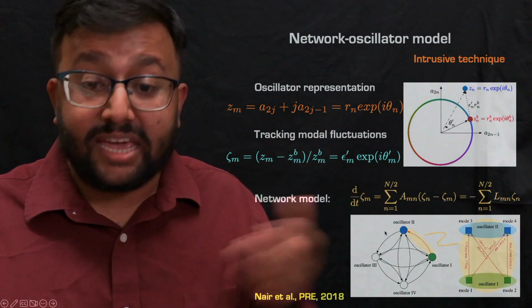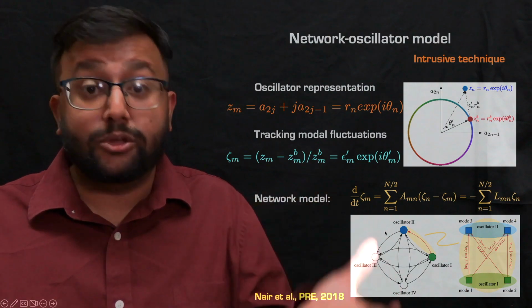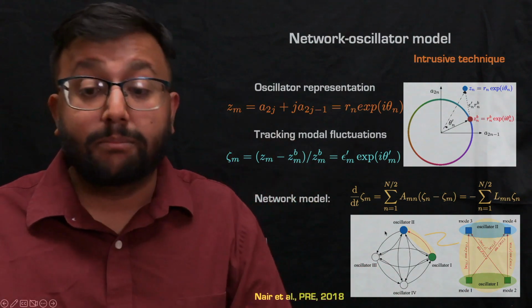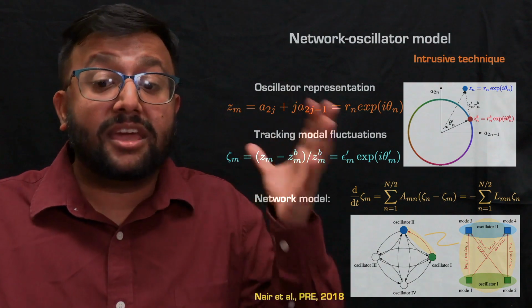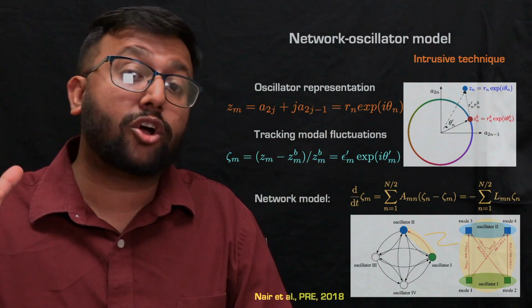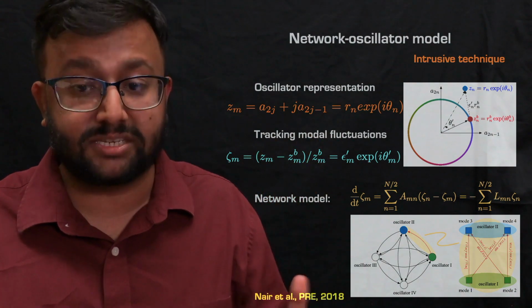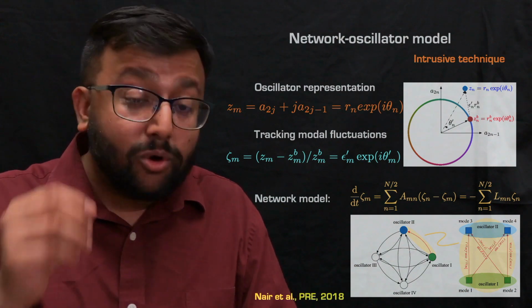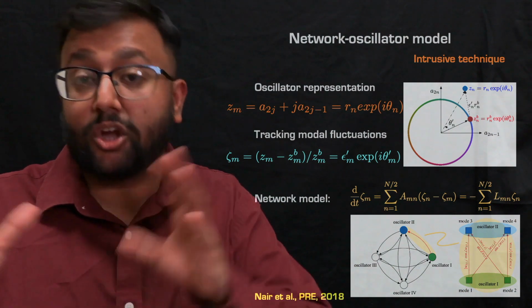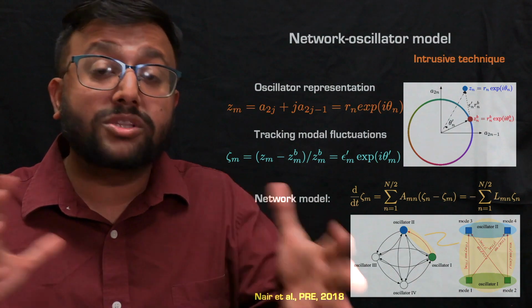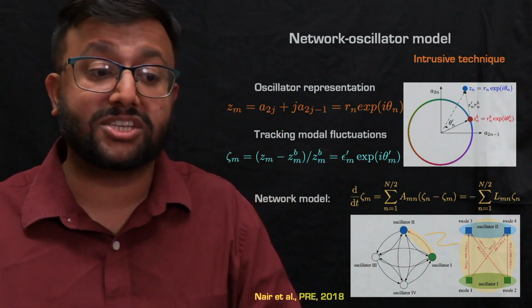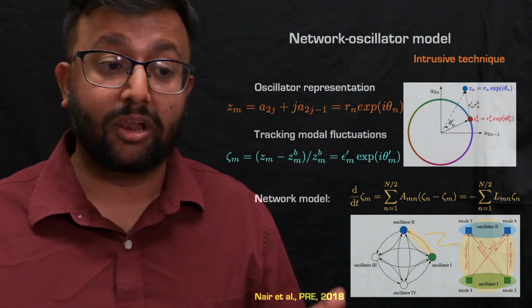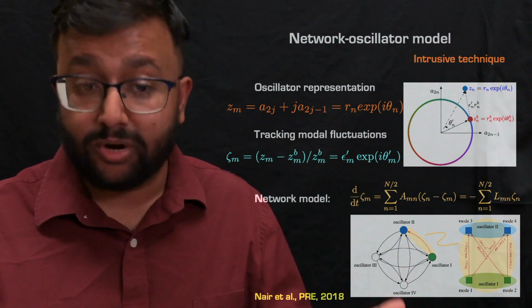Once we have the time history of the evolution of the temporal coefficients, or these modal perturbations, we can regress the dynamics to get a complex network dynamical system. The network A essentially encodes the energy transfer characteristics between the modal oscillators. So that's what it's doing.